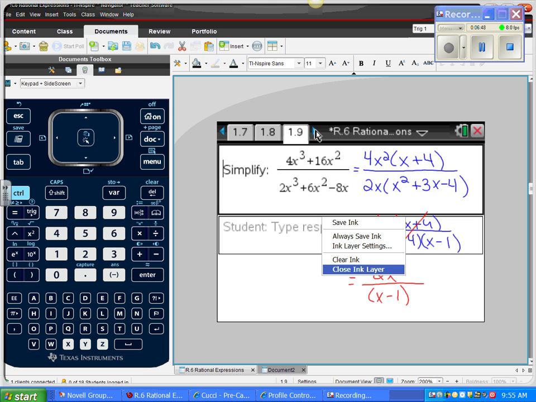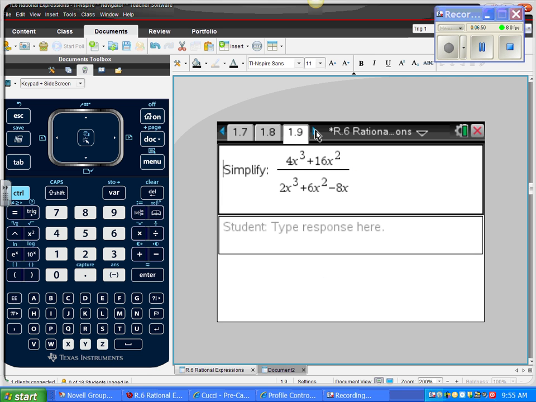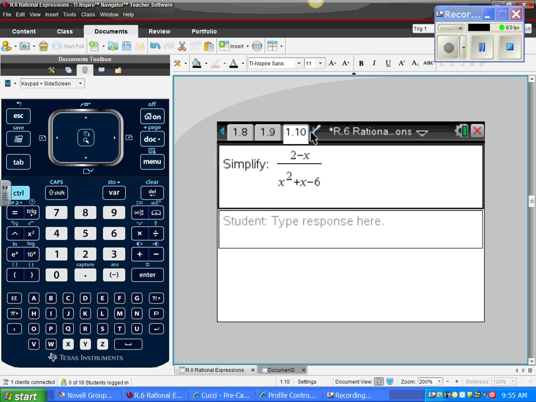Next page. Let's try another one. 2 minus x over x squared plus x minus 6. So the numerator doesn't look like it's going to factor. Now, what I can do, because I don't normally like to see things written as 2 minus x, I like to see things written with the x first.